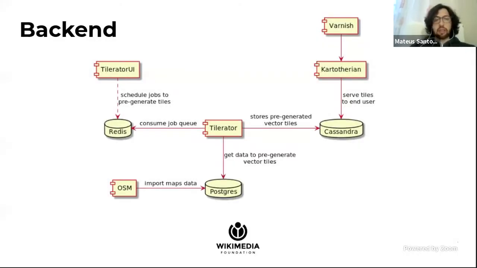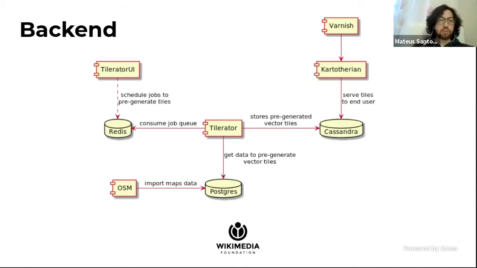So, okay, I think that will make it easier to see where all those software fits on the stack. Basically, what we have is Tilerator as a pre-generation vector tiles engine. It loads data from Postgres.